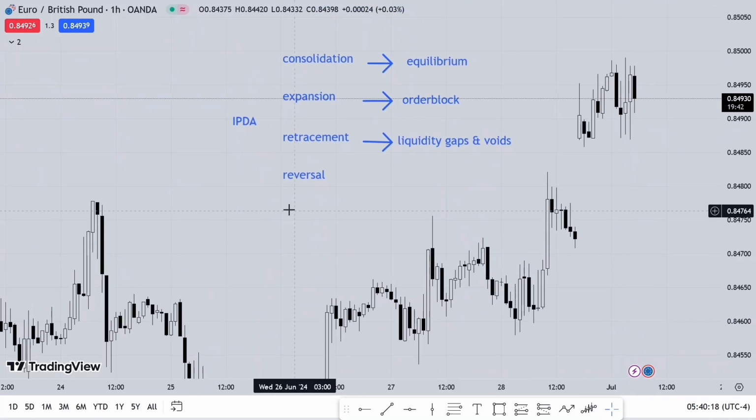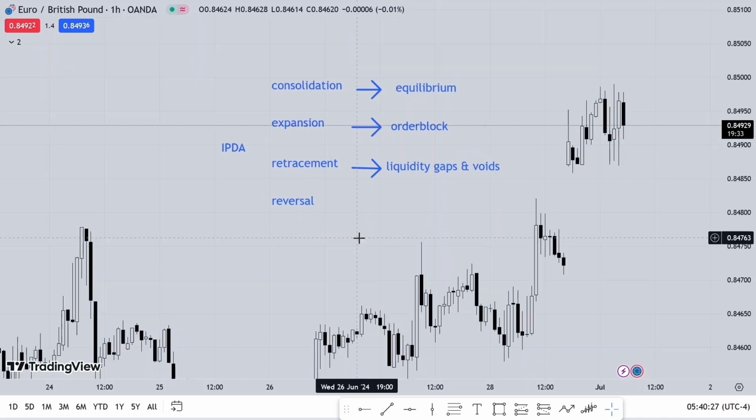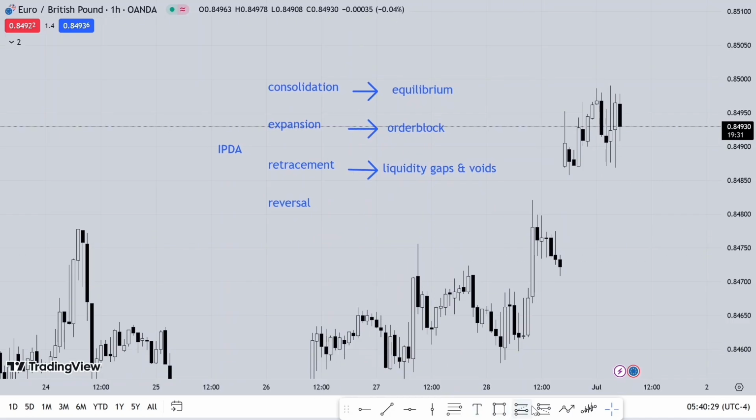So for the last element of a trade setup, for the last phase of IPDA, you have the reversal pattern. So what is a reversal?